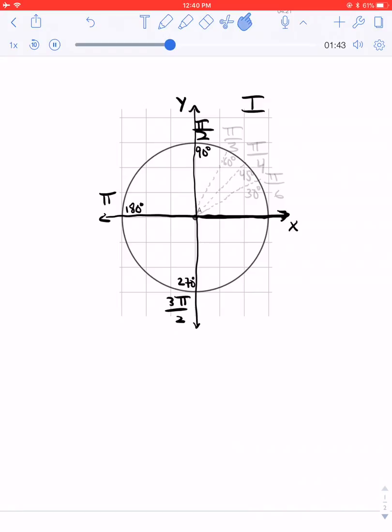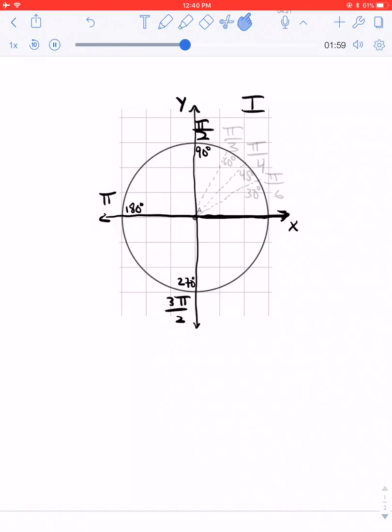If the initial side and the terminal side are the same, then we have 0 as our radians and angle measurement. So that's the first angle to remember.